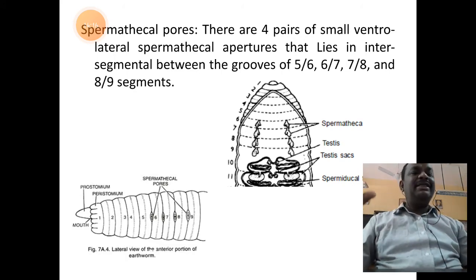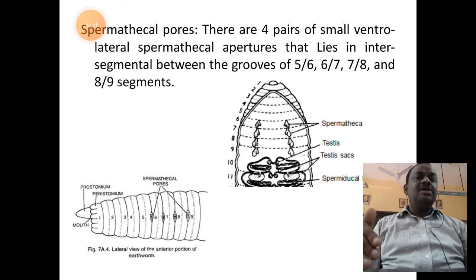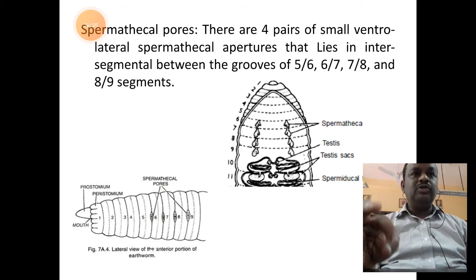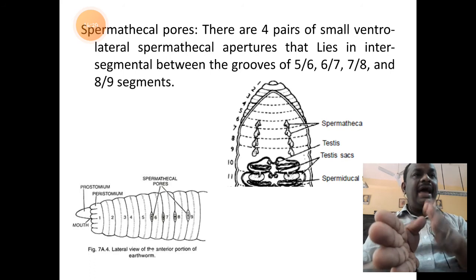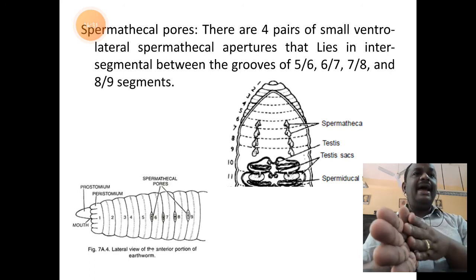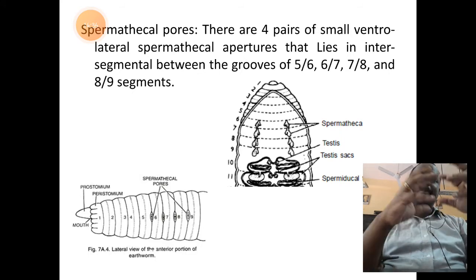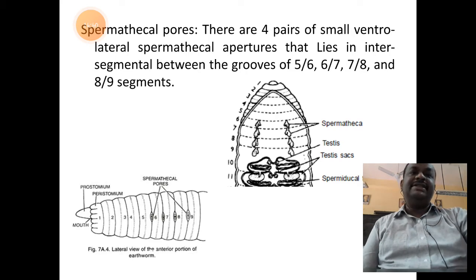Since 4 pairs of spermathecal bags are there, we find 4 pairs of spermathecal pores also. Sperma refers to male reproductive cells or gametes, and theca refers to the bag. The opening of the bag of sperm is called spermathecal pores in simple terms.